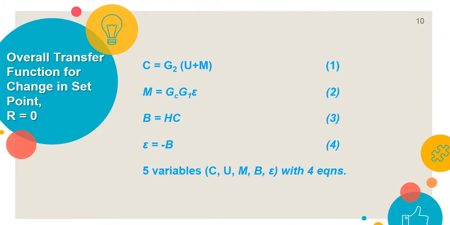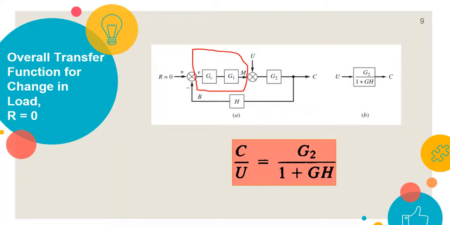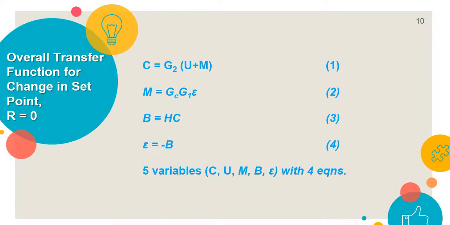While this one is similar to the first transfer function derivation. B over C is equal to H. Where is that? Your B over C is equal to H, or C times H is equal to B. Now this one is interesting. The error is just negative B. Why?